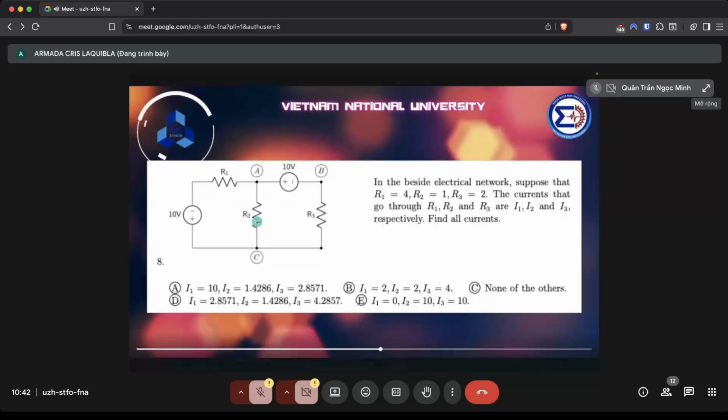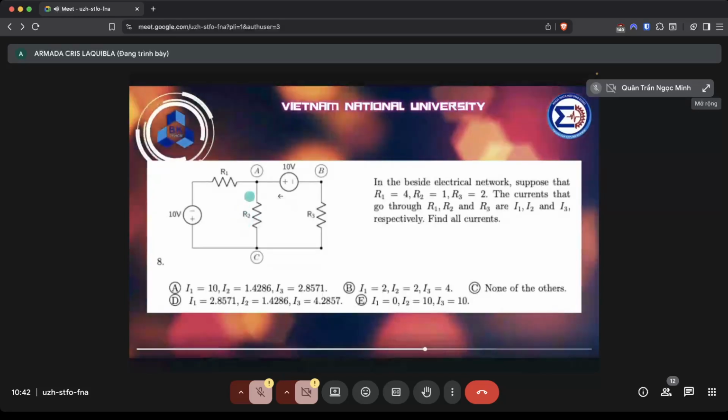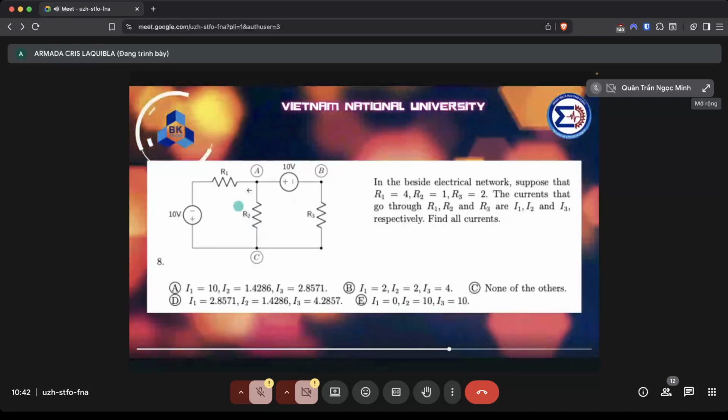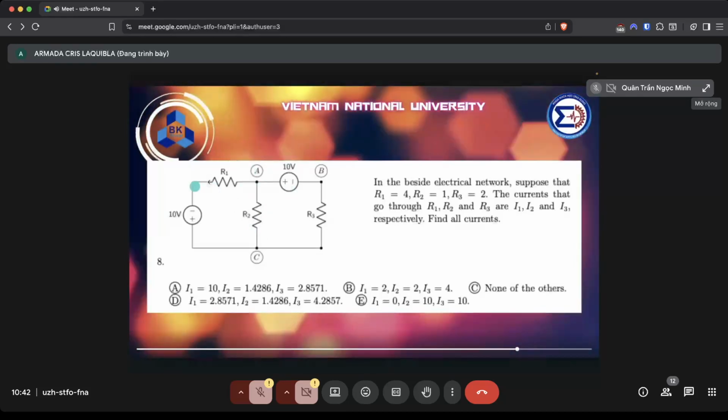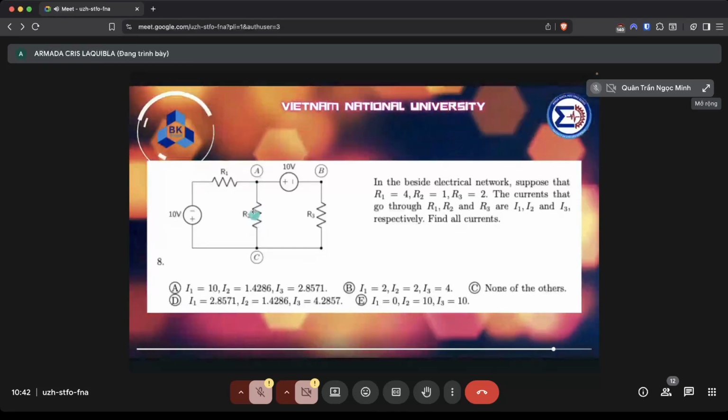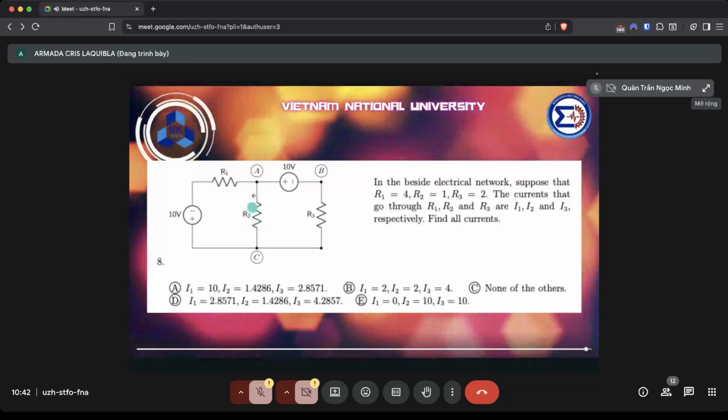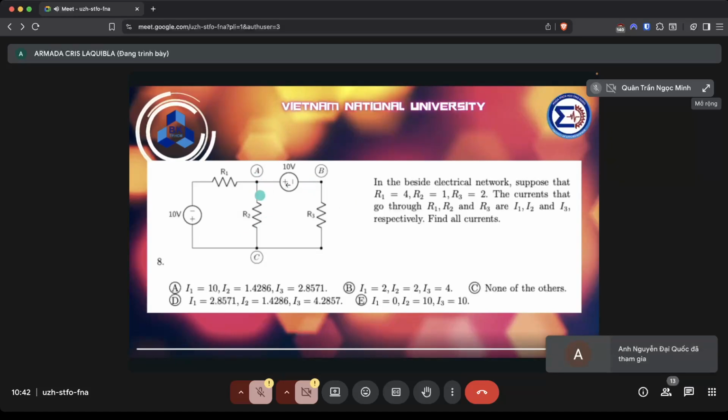So that is wrong. Your current must go to the other side. Your R2 must go there. So in the A here, I1 will go here, and the current I2 in R2 will go here also. It will get inside the A, and the output of the current will be here. Flow in here in A and flow out here. Okay, that's it.